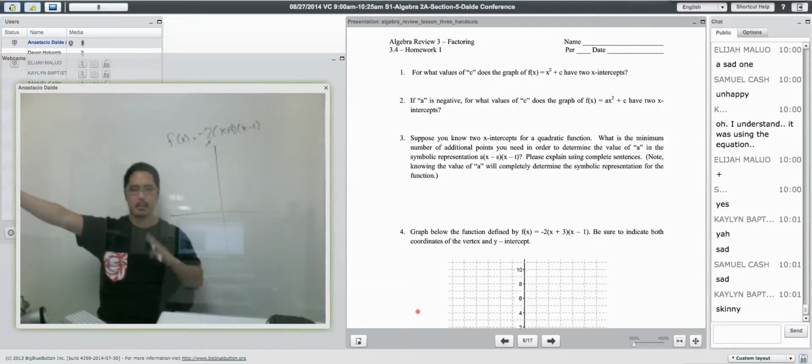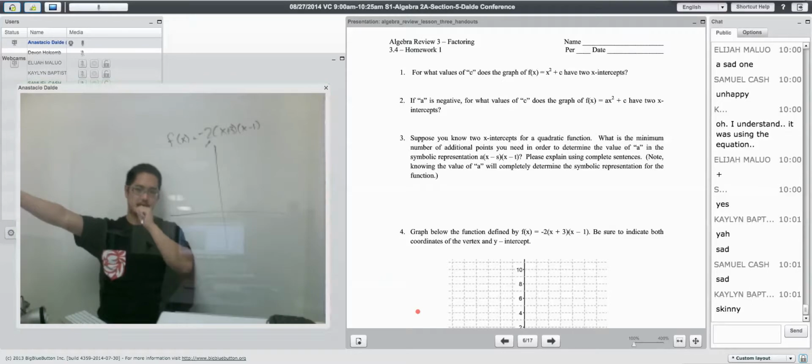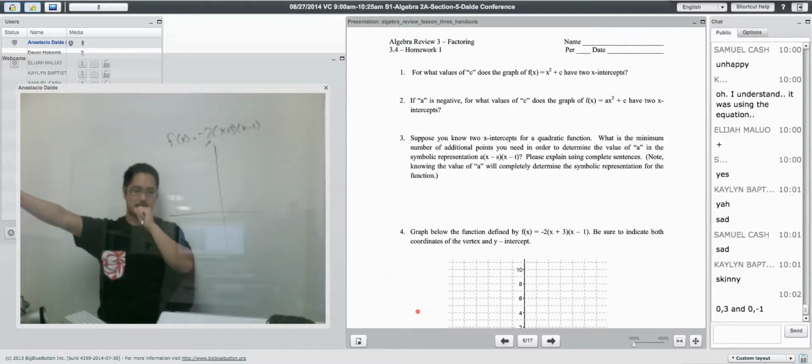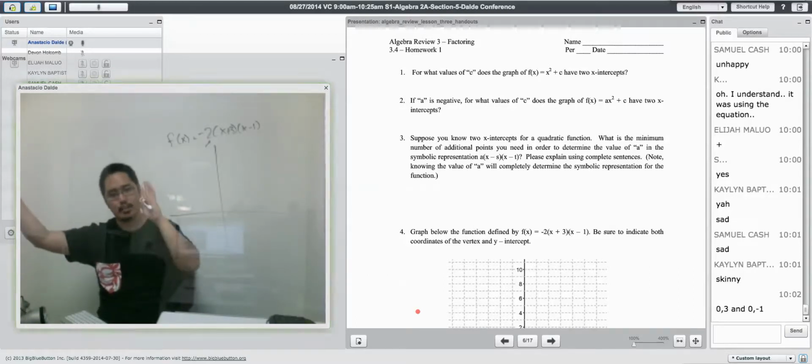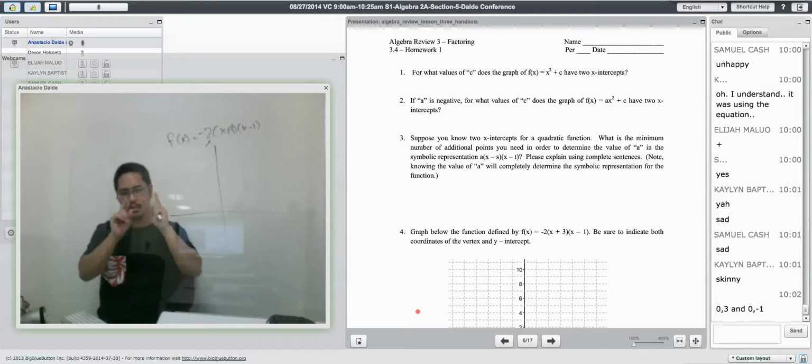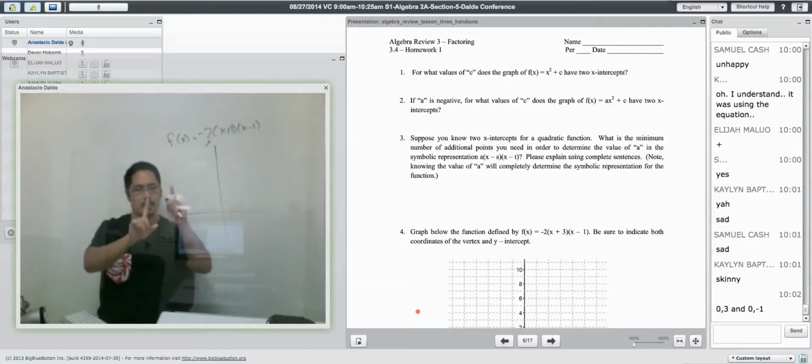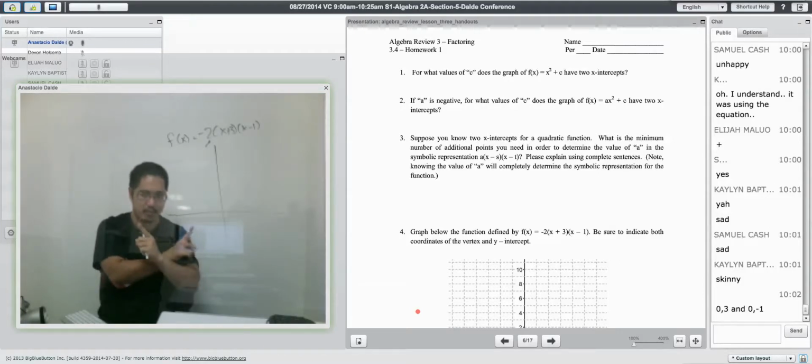Give me one of them. 0, 3 and 0, -1. Kaylin, you got close. First of all, if I'm talking about an x-intercept, it has to end with the number 0. It's 3, 0 and -1, 0.